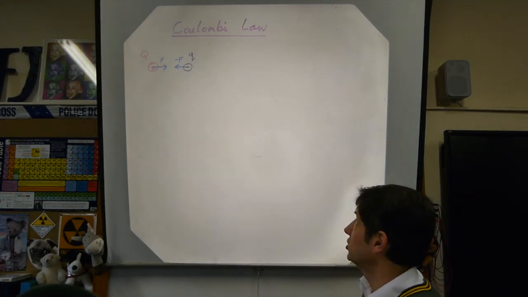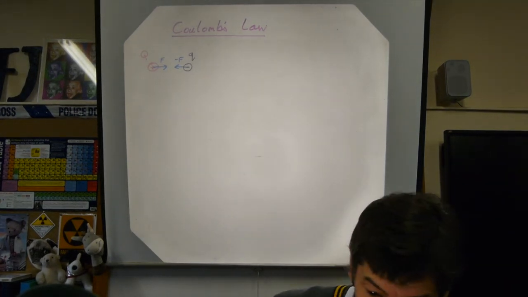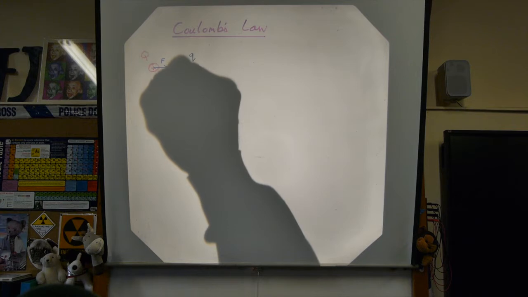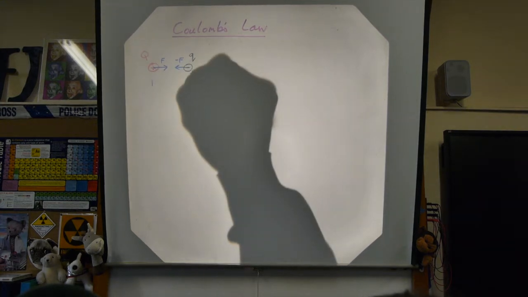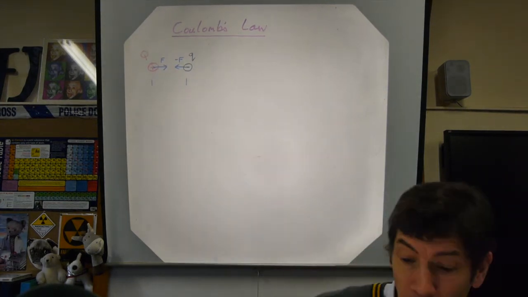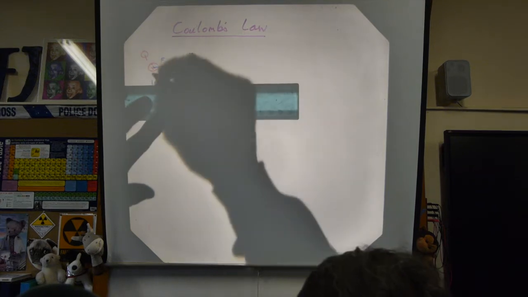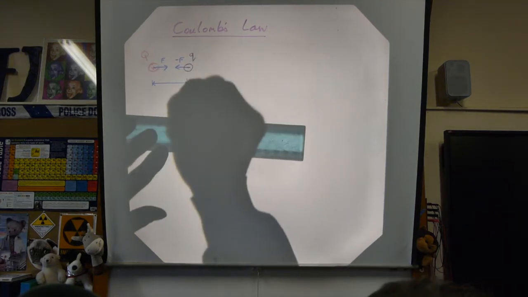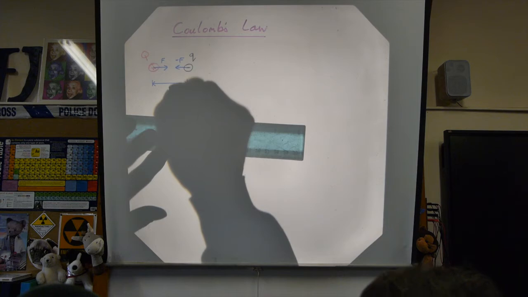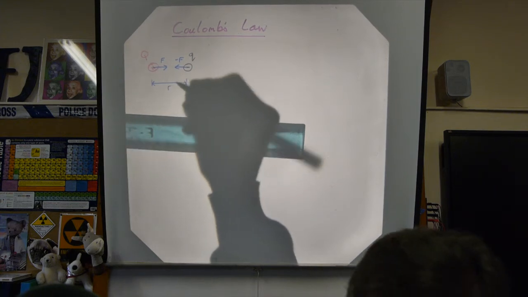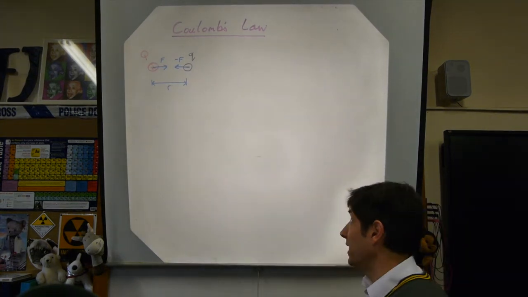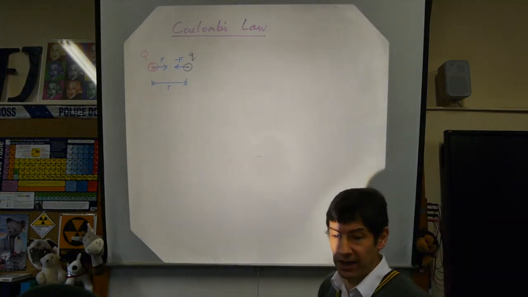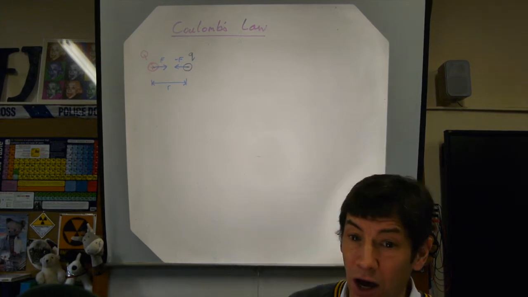So we've got the direction of the force vector, and you'll also notice that between the centres of these two, so we're going to imagine that they're point charges, there is a distance radially outwards, so let's call that R. Not S for displacement and not D for distance. We're going to call it R.